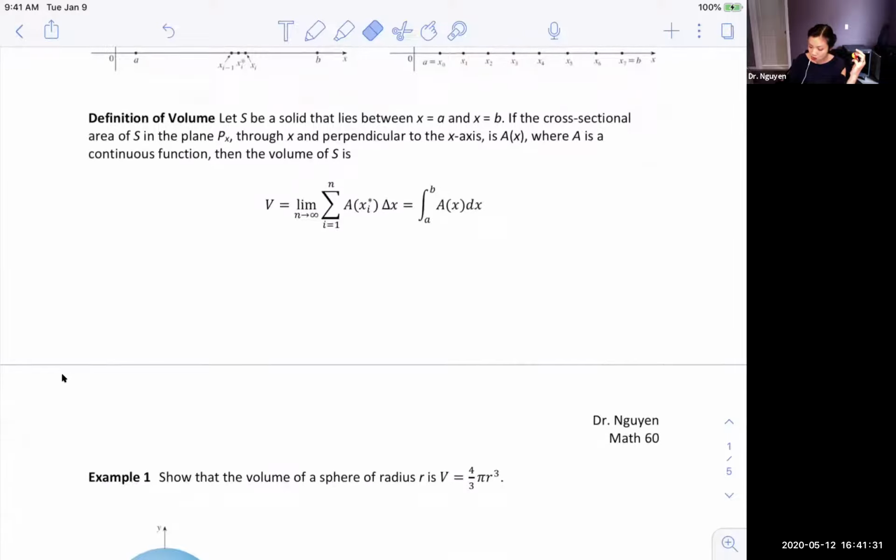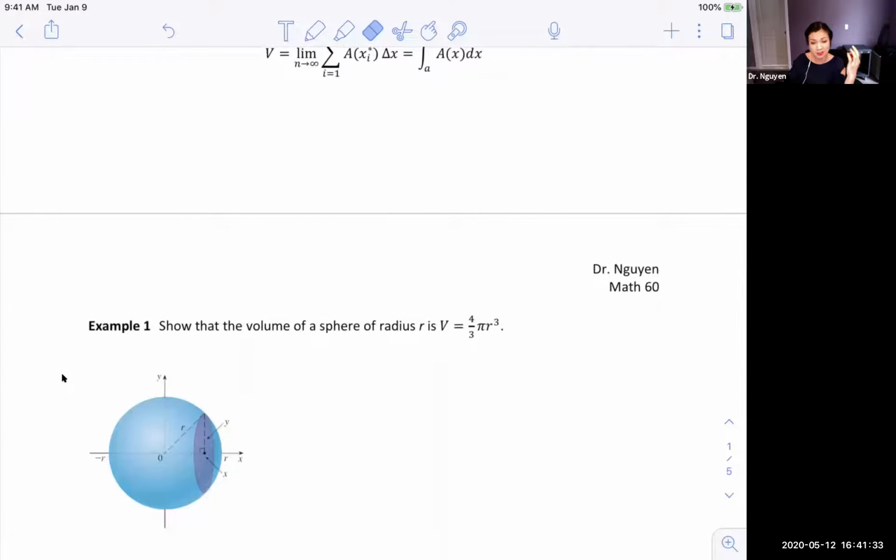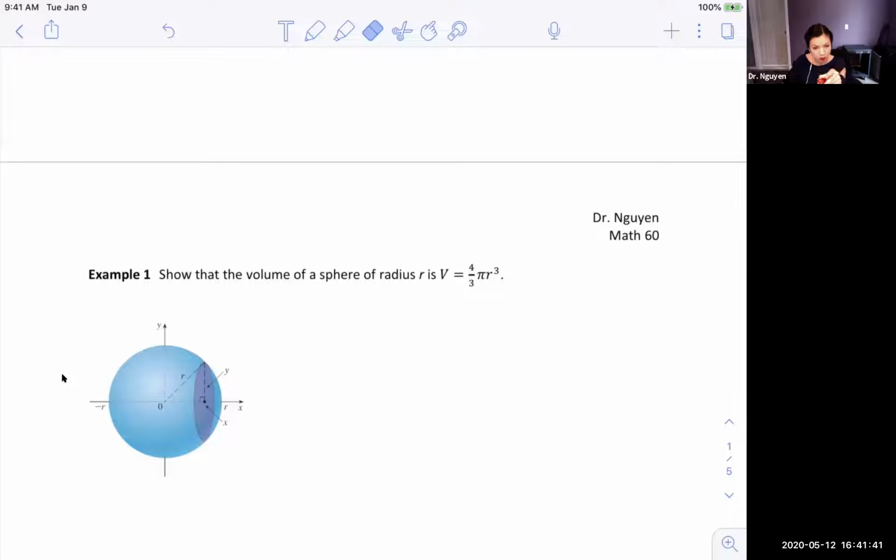All right, so for the first example, we know the volume of a sphere is 4/3 pi r cubed. So how do we prove it? You can see we have the sphere right there. It's like a ball, right? Now we're gonna take the cross sections.